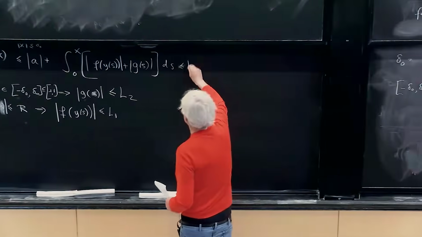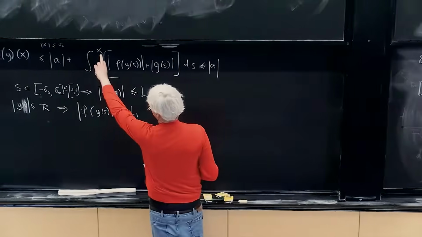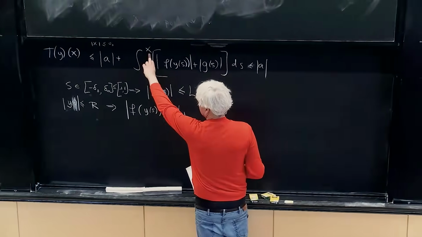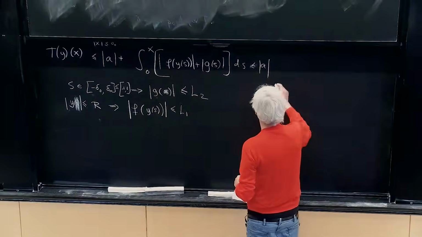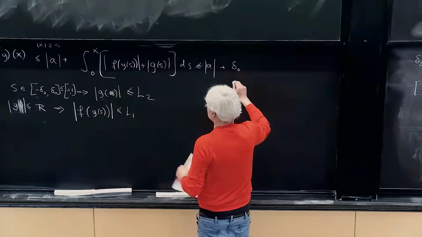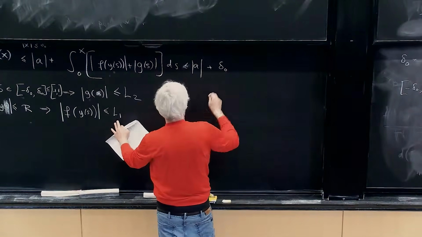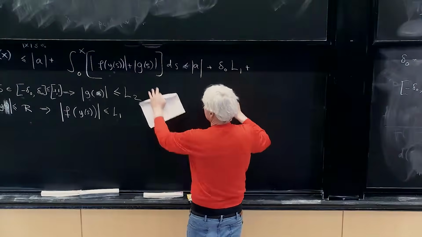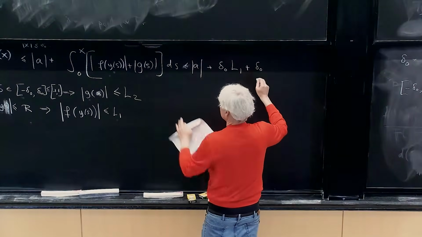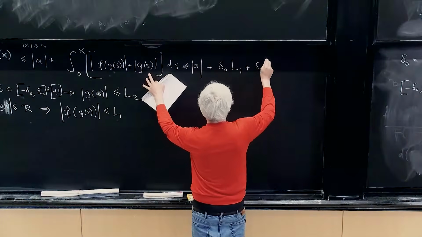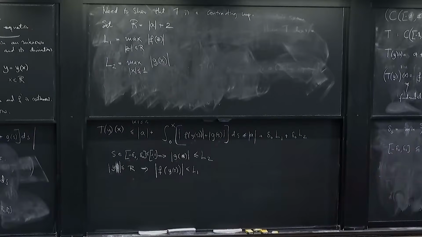And then on the first one here, the length of this interval is of course bounded by delta 0, so this is plus delta 0 times the maximal possible value, L1. And likewise, the length of this interval you're integrating over is at most delta 0, and this one here cannot be larger than L2. So you have this, right?